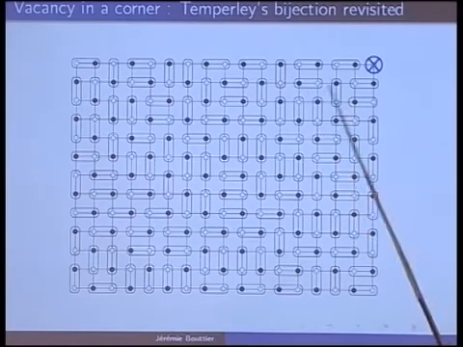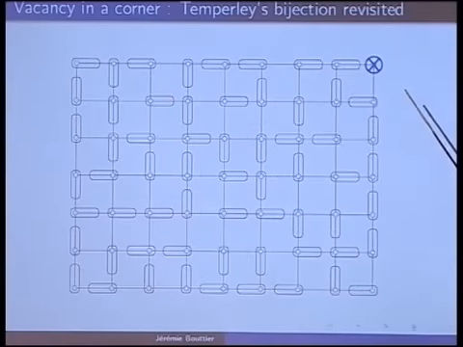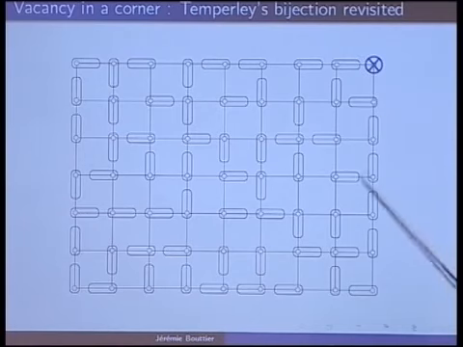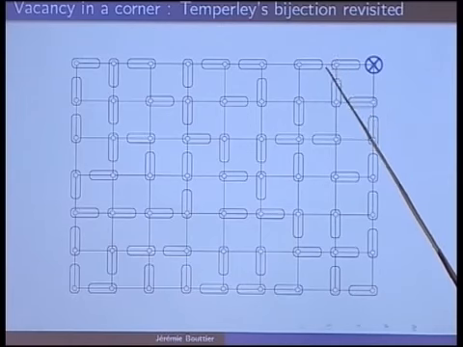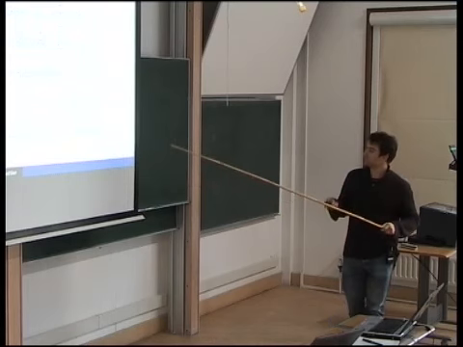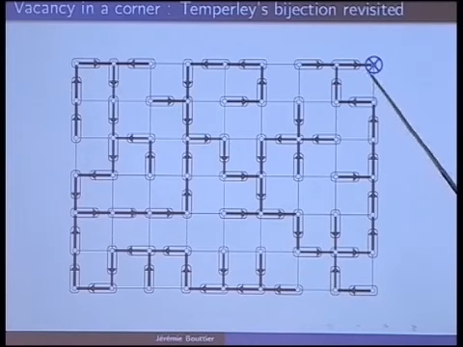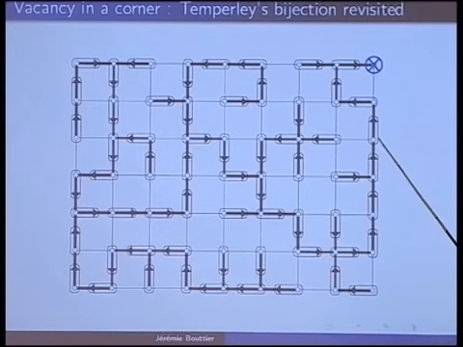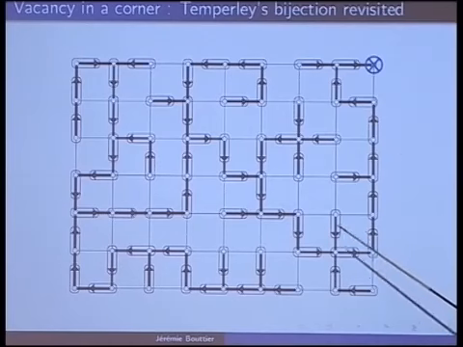Then for each of these sites, you just keep the domino that is covering it, because you know that there is one. The domino is covering one of the edges, and so you put arrows oriented from every white site in the direction of the domino.